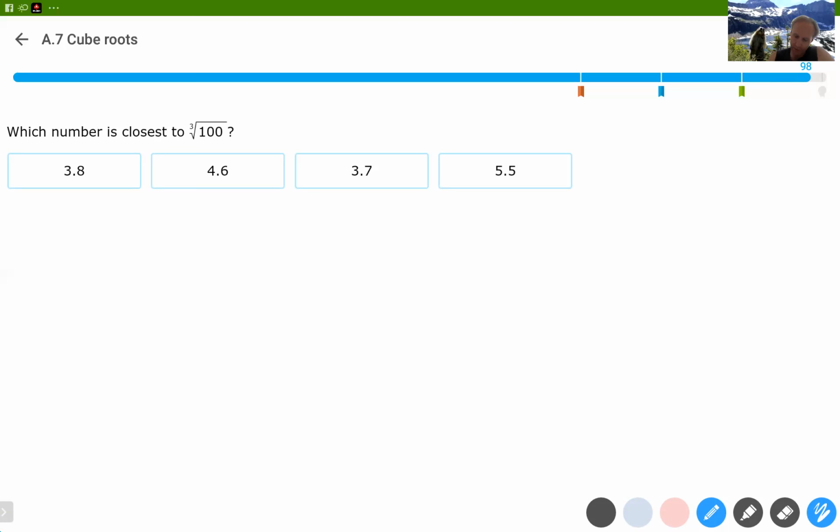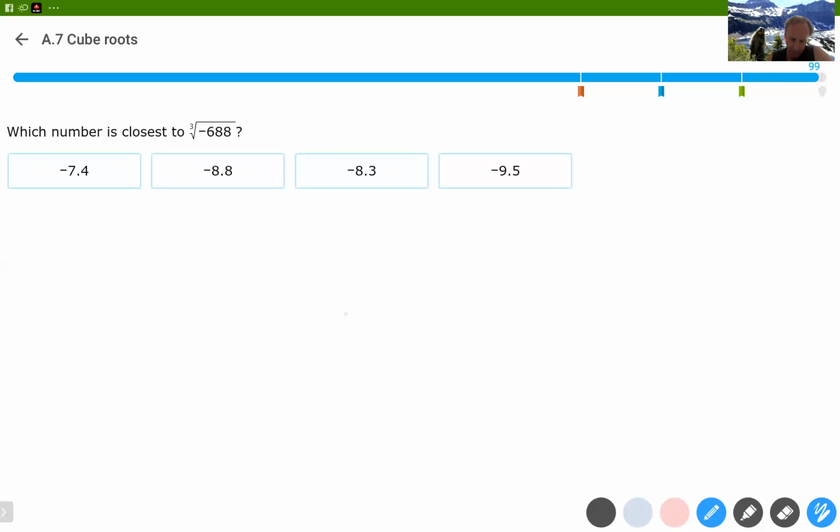Huh, cube root of 100, huh? All right, so we want the cube root of 125 is 5. And the cube root of 64 is 4. So we're between 4 and 5. There's only one number that's in between 4 and 5 here. Ooh, a big one.